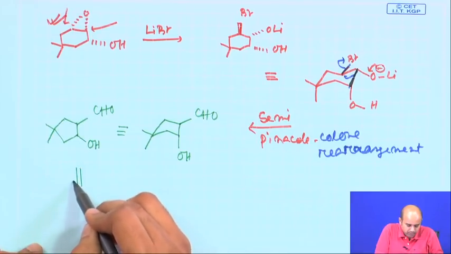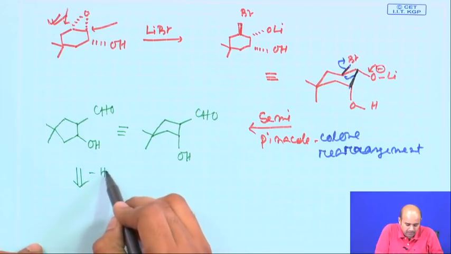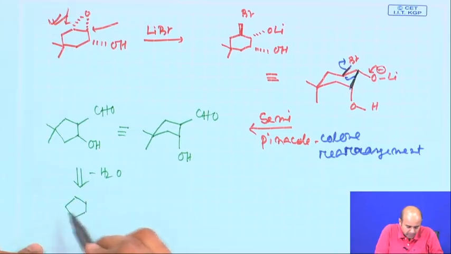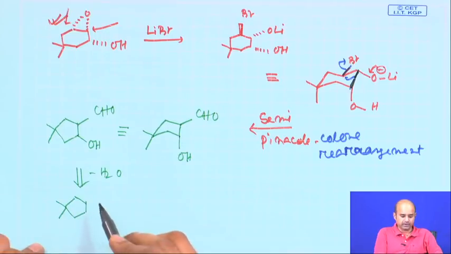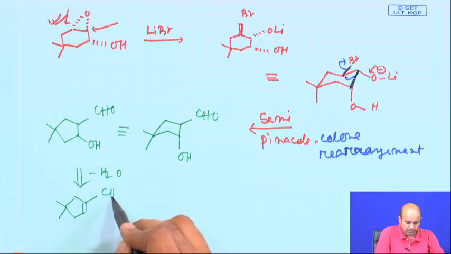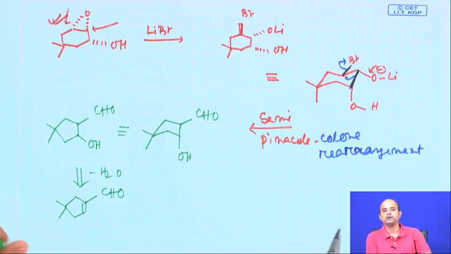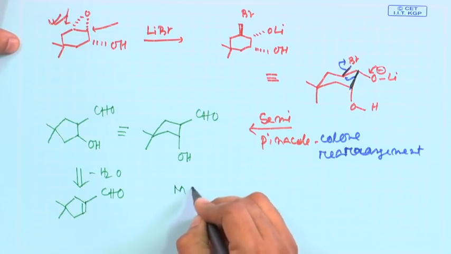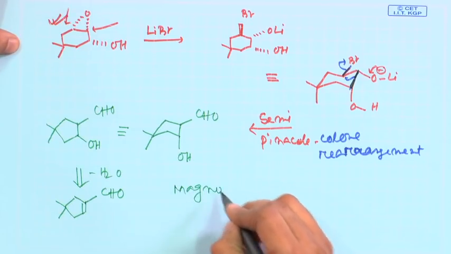Now, you can simply do a water elimination to close the entire reaction cycle, or rather you can do a series of reactions together to finally come up with this potentially useful target molecule, and this reaction is named as Magnusson ring contraction.